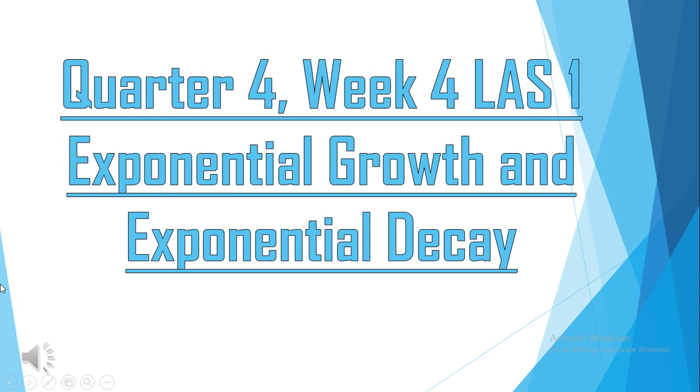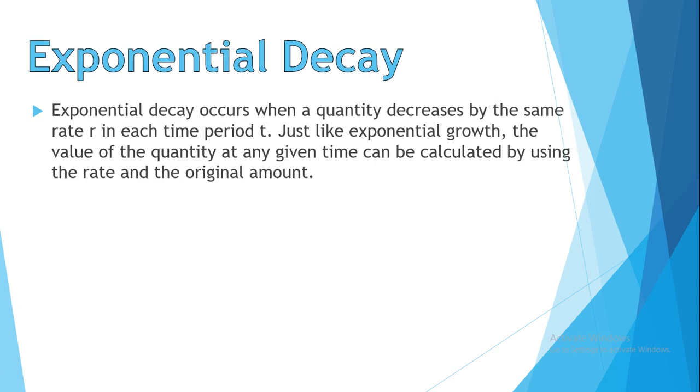Week 4, Lesson 2. Exponential decay. Exponential decay occurs when a quantity decreases by the same rate r in each time period t. Just like exponential growth, the value of the quantity at any given time can be calculated by using the rate and the original amount.